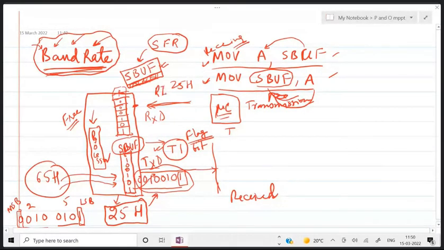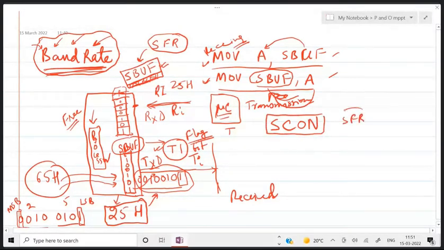Sometimes we write in capital, sometimes we write in small. So TI and RI are the two flags, and they are actually present in the SCON SFR. SCON is also an SFR. I will be discussing SCON later.